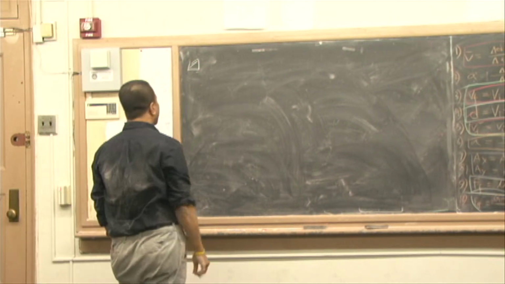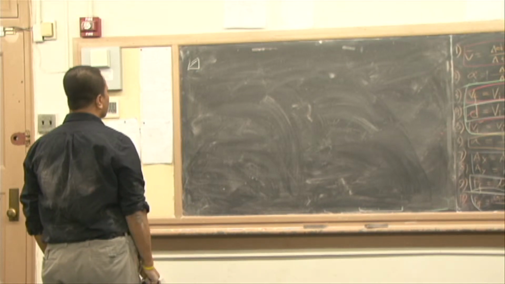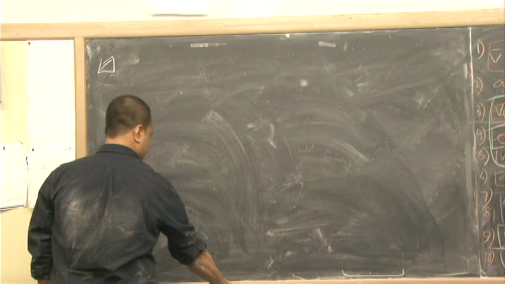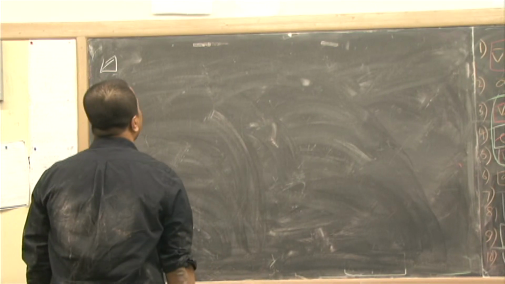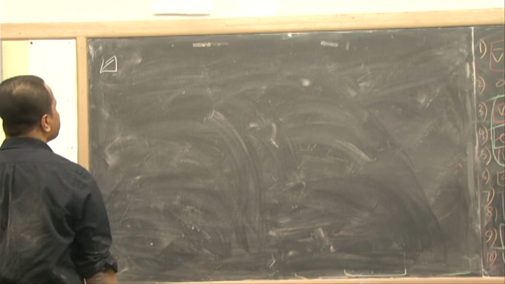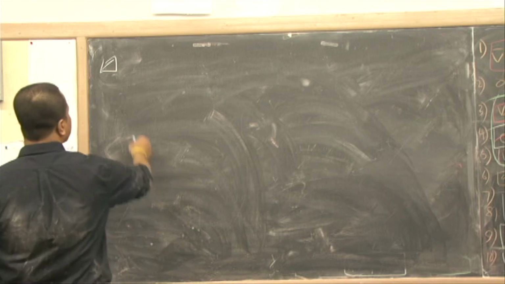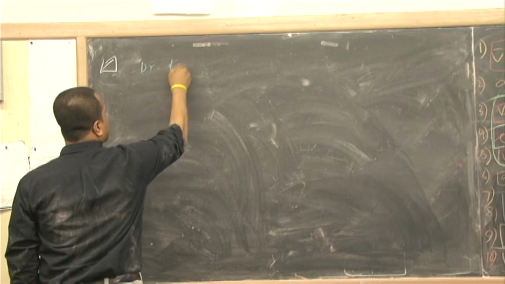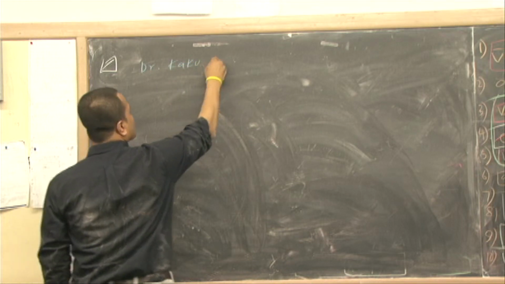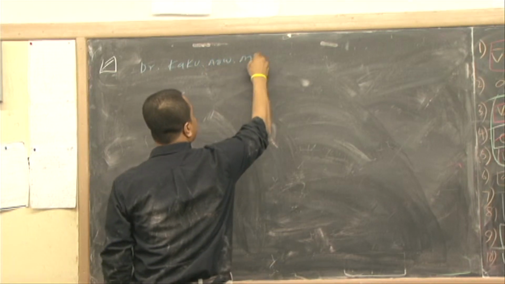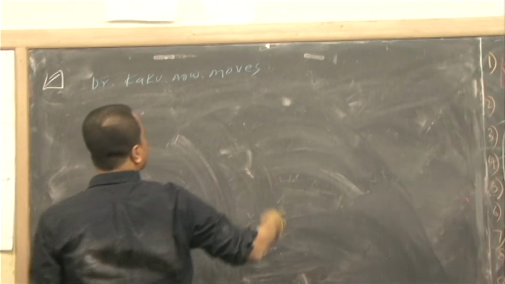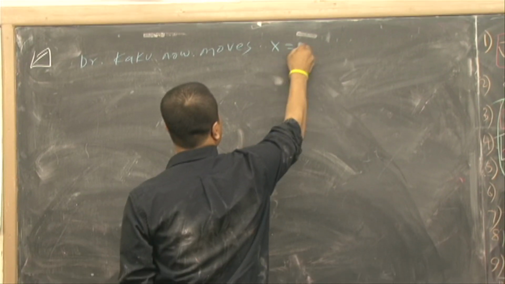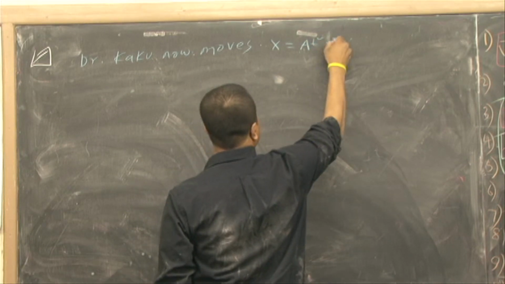Let's make the next question even more difficult or more interesting. Well, let's see. Okay, so say now Dr. Kaku now moves fast or slow, I don't know. Say x equals a t squared plus b.